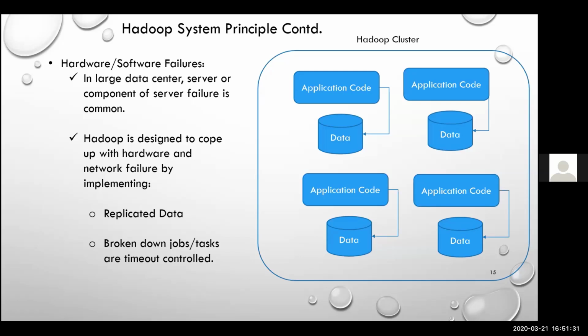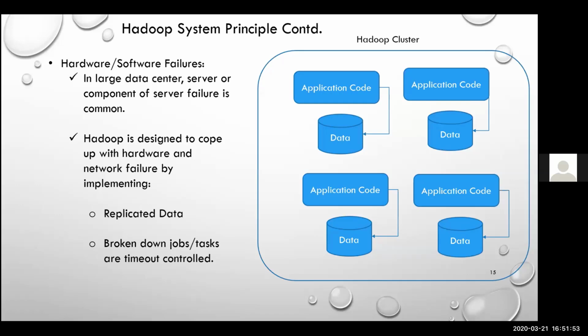We'll know in detail later. For the time being, we are using commodity-level servers or hardware within the Hadoop cluster, which does not have that much physical redundancy within itself. And that's why it's cost effective.